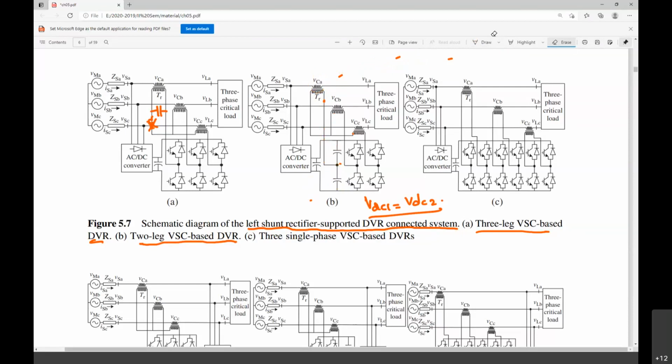See, this particular kind of topology was used by one of my scholars for DSTATCOM application for current quality improvement also, and I can show you.